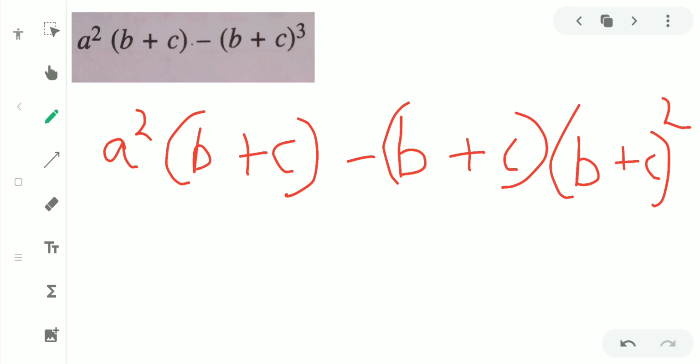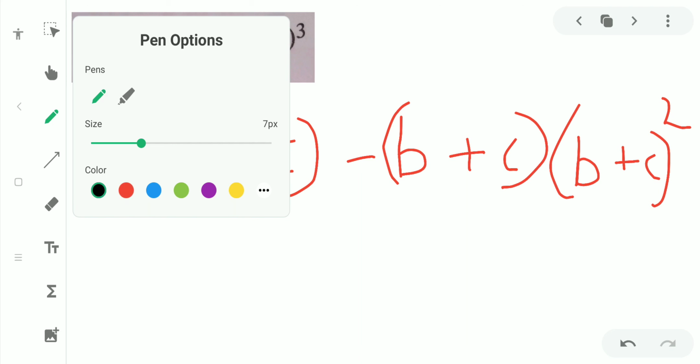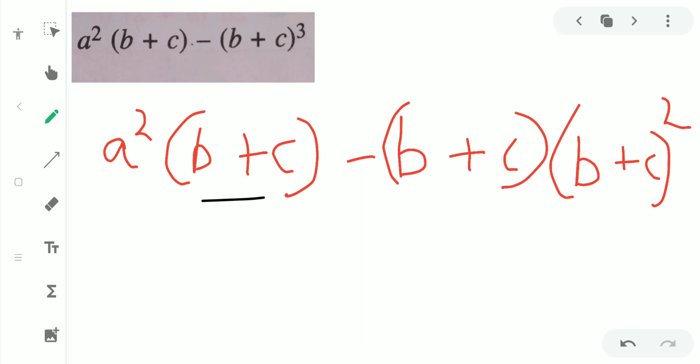So now here I can take b plus c common because I have a separator minus.